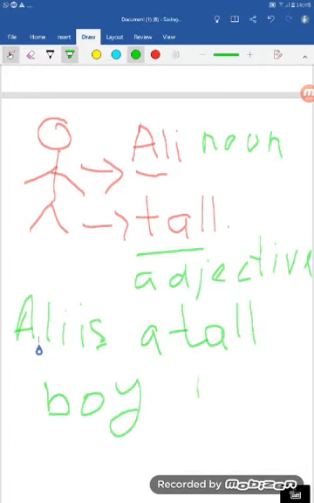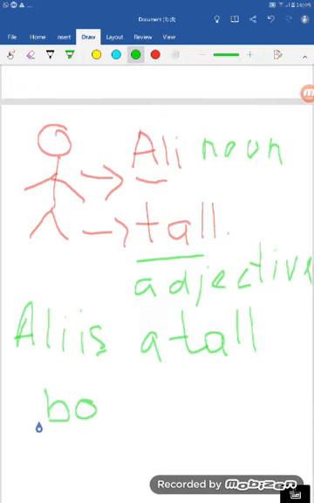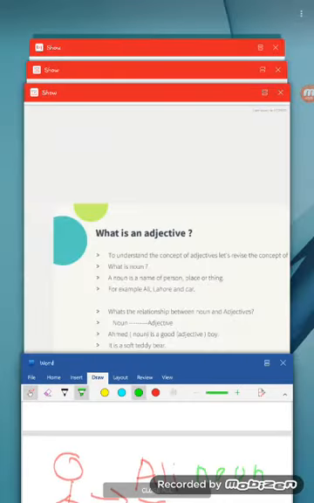So, Ali is a noun here, and tall is a describing word to describe the noun Ali. Okay, let's move back to the slides. I hope you get it.